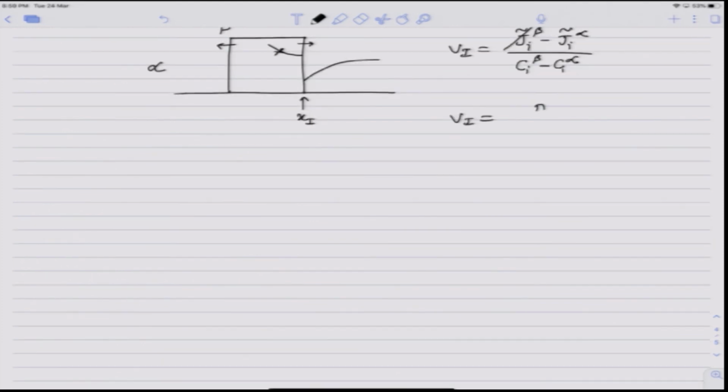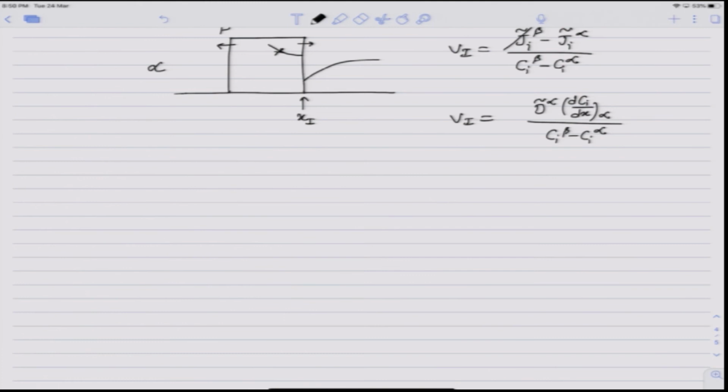So, this would be D̃^α, that is the interdiffusion coefficient in alpha, times dC_i/dx in alpha at the interface divided by C_i^β minus C_i^α.